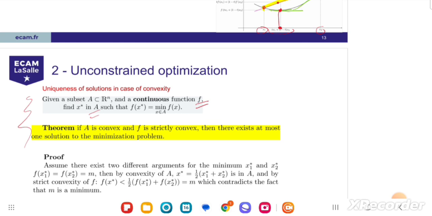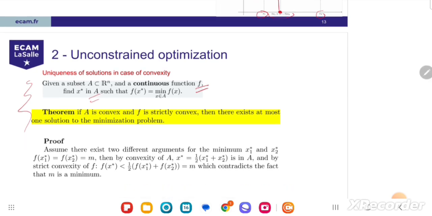One easy proof of that, we can go over quickly. Suppose we've got two minima, x1 star and x2 star, so f of x1 star is equal to f of x2 star, equal to some minimum value m. Using the convexity, we can take the middle point between those two. If A is a convex set, then this middle point belongs to A again.